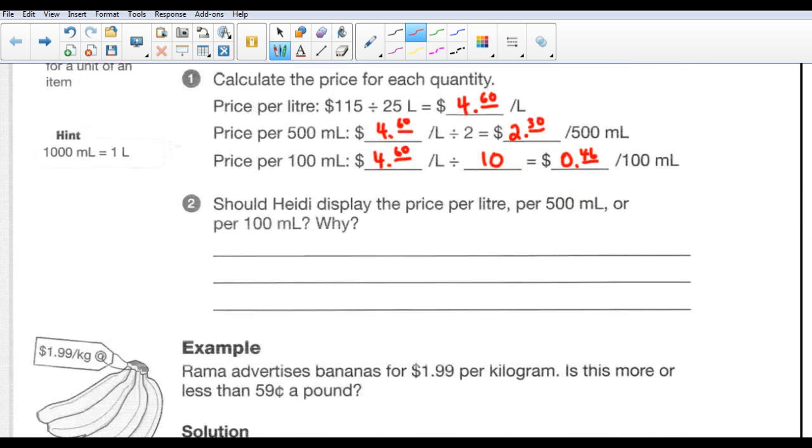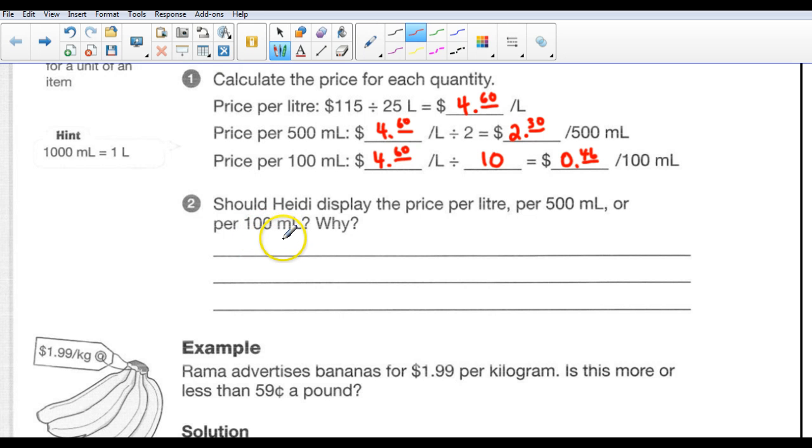Okay, so should Heidi display the price per liter, per 500 milliliters, or per 100 milliliters, and why? Well, it all depends on what people want to buy. Okay, but I think probably the best way to display it, because most people buy 1 liter bottles if they're going to buy cleaning solution, would maybe be per liter, because 1 liter is a more realistic sized bottle of cleaner that you would use, because 100 milliliters is a small bottle. 500 milliliters is about the size of a chocolate milk carton that you would buy at the store, okay, or down at Cocoa Brooks.